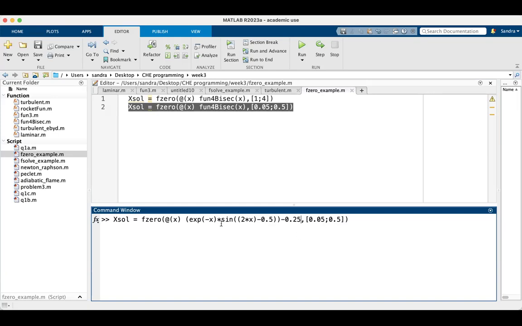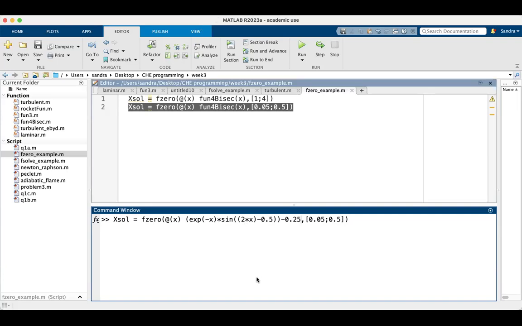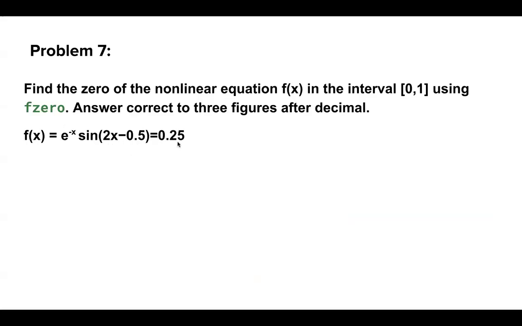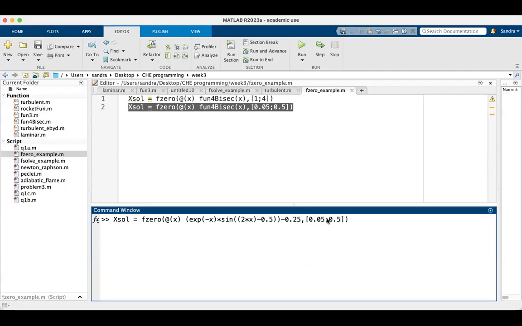Exponential of minus x, sine 2x minus 0.5. Is this right? Sine 2x minus 0.5, and then it has to be taken to the other side, minus 0.25, and the interval is between 0 and 1. Let us try to do that. 0, comma 1. Okay, this is the answer, 0.4518.